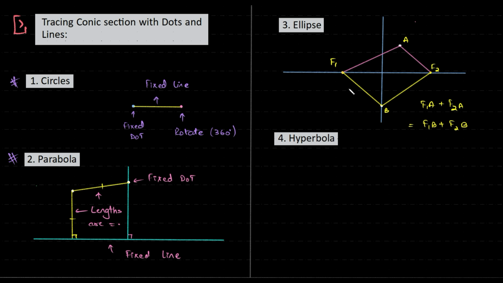So here the condition is we have fixed lines, those are your fixed lines, and we have these as your fixed points.